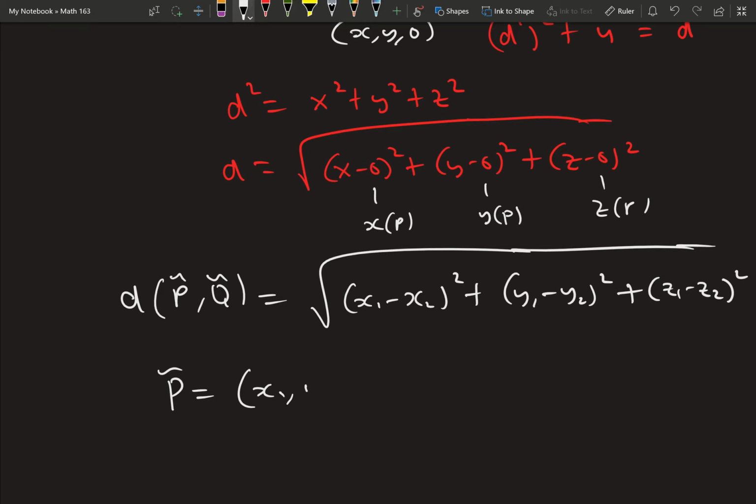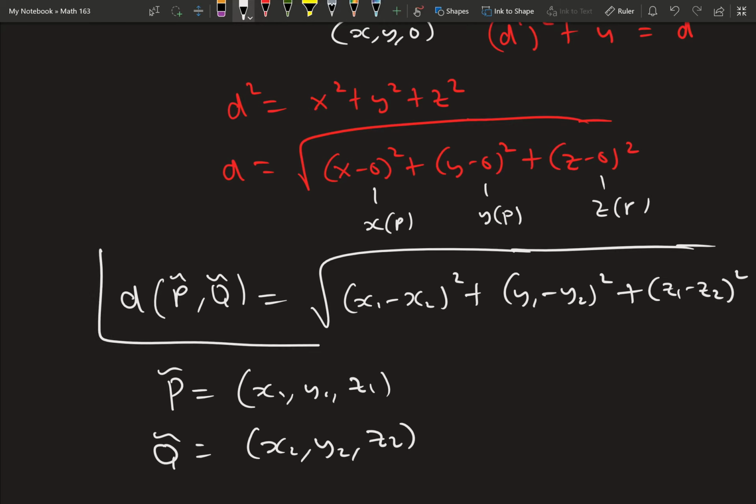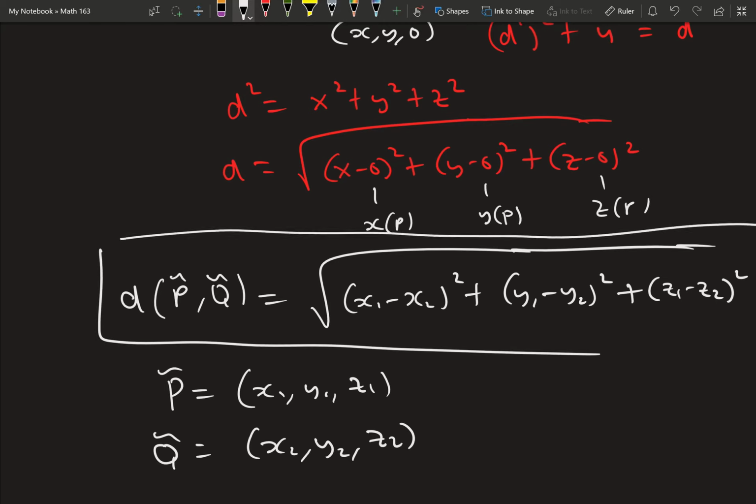Let's just call p tilde's coordinates x1, y1, z1 and q tilde's x2, y2, z2. And so this is the formula that you want to remember.